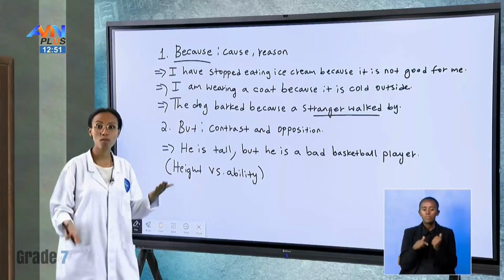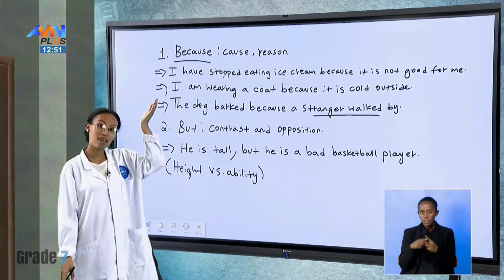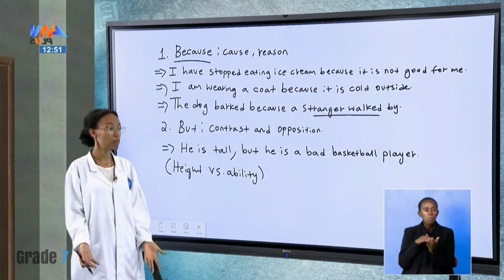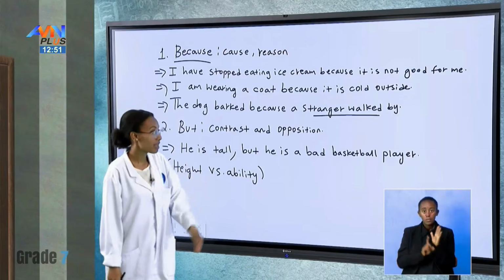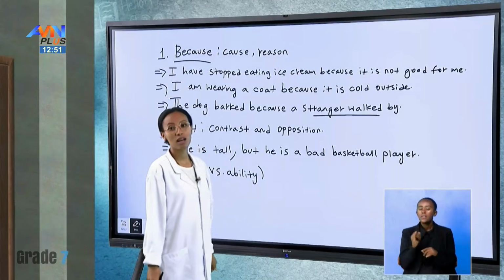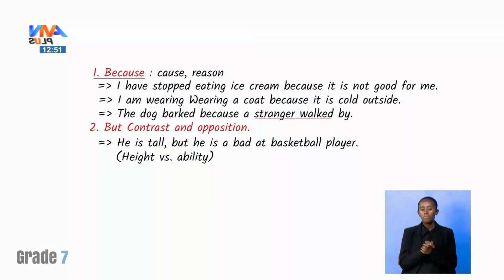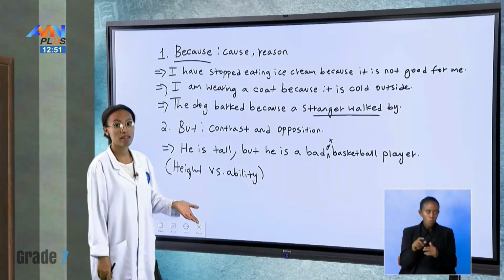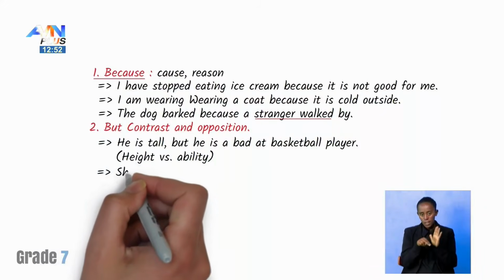So we are contrasting two things, yes? How tall he is and how poorly he plays at that sport. So he is tall, but he is what? Bad at playing basketball. So that is two negating ideas.